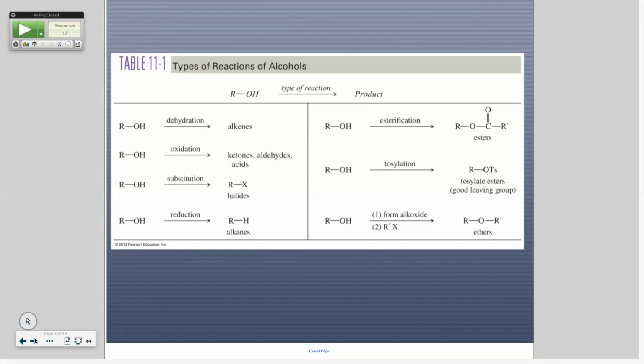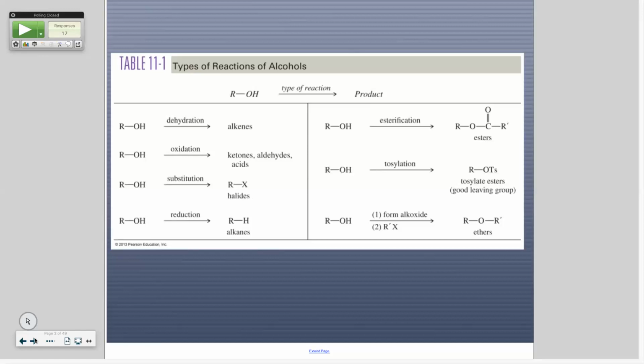And then esterification. Did you do that in lab? The Fischer esterification. When I get to it, you need to know all about it. Tosylation is making tosylate esters. We'll talk about why we make them.